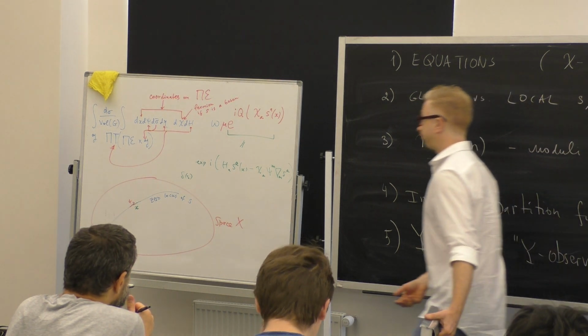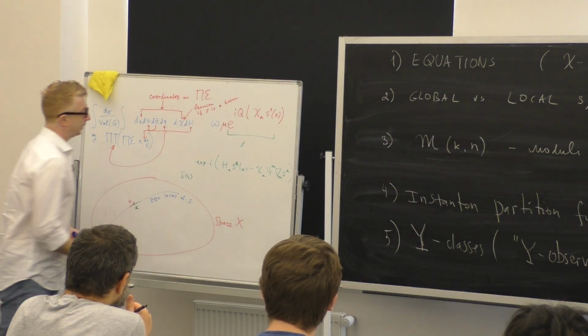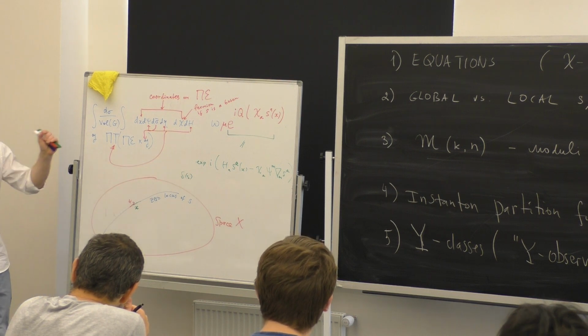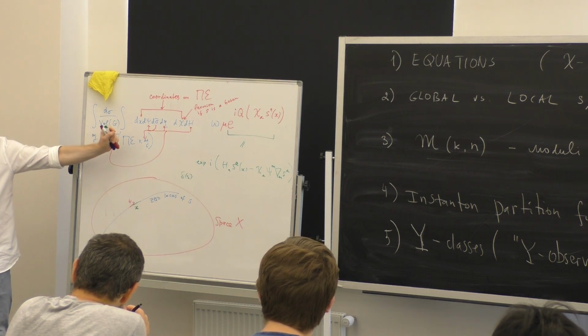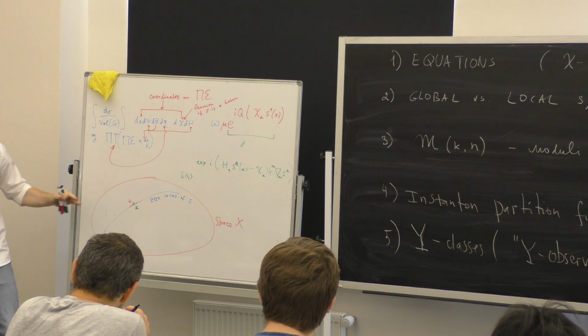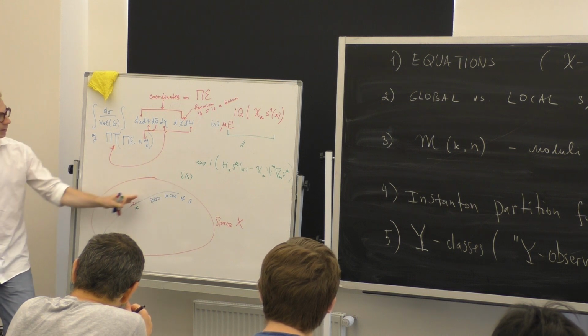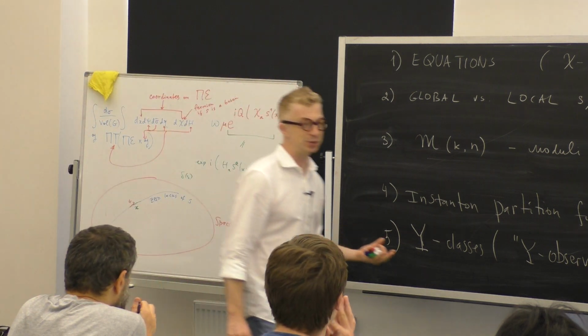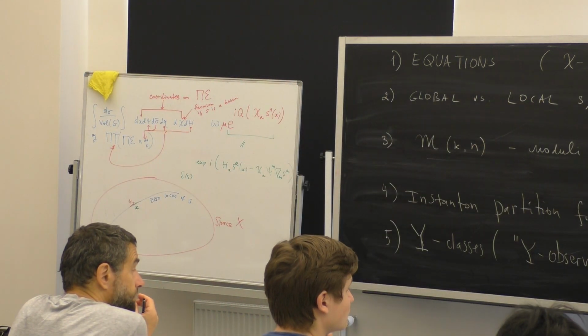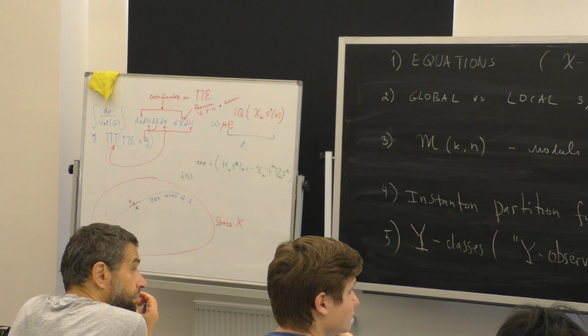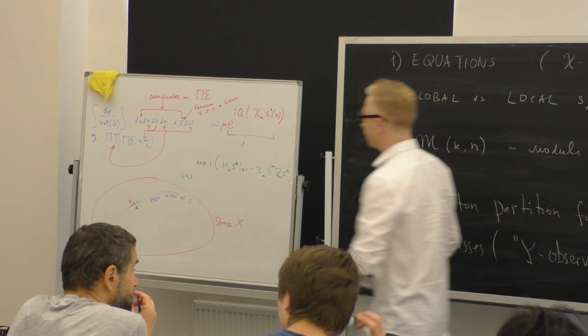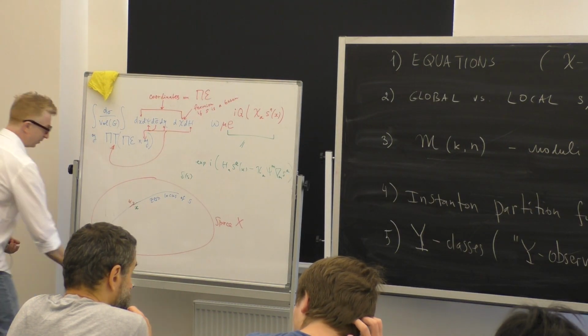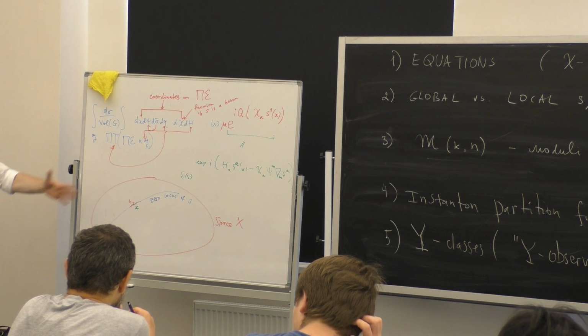Now, this would not be very useful unless there was some way of deforming this integral to make it less sharp as far as the equations are concerned. Because after all, we don't really want to solve these equations, because if we could solve these equations, we would solve them and be done. But solving equations is hard. So instead of solving equations, we want to be able to integrate over the zero locus, but without actually solving the equations.